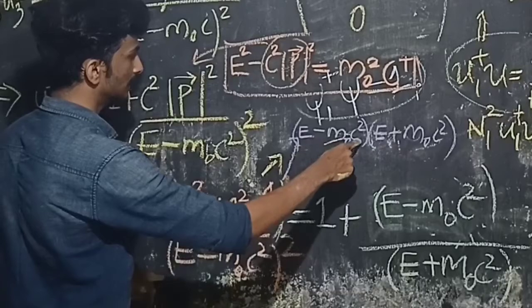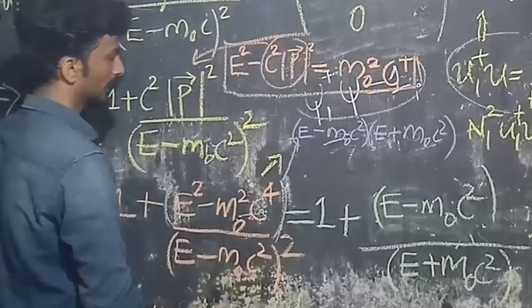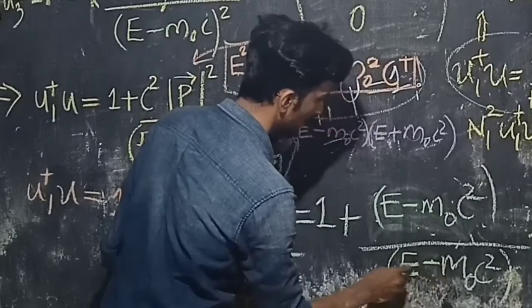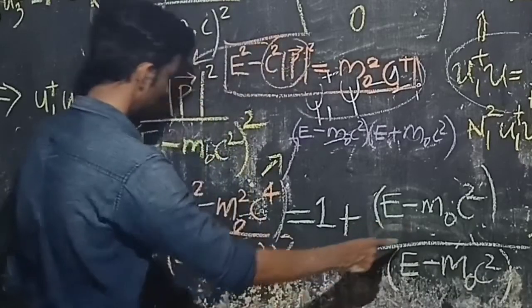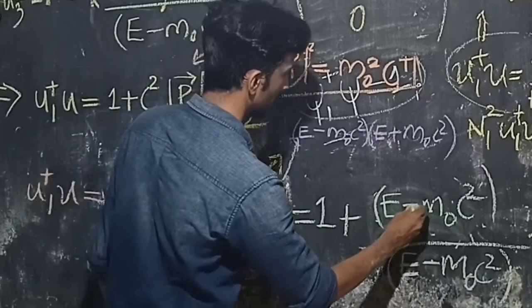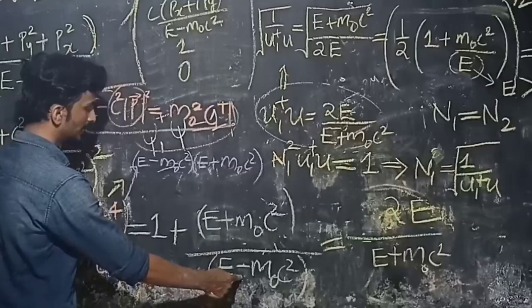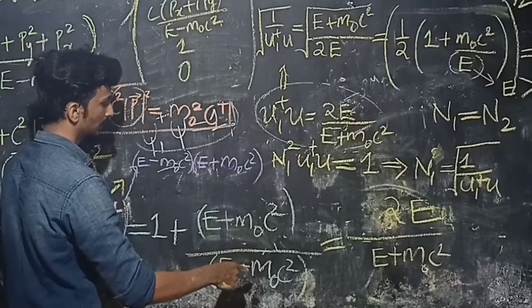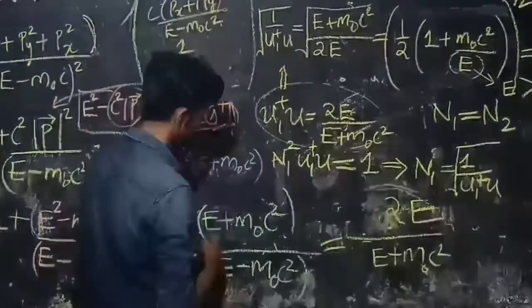So E minus m naught c square from the numerator cancels with the E minus m naught c square from the denominator. That gives E minus m naught c square. In the numerator we get E plus m naught c square. On taking this denominator to the numerator, m naught c square cancels with minus m naught c square and adds both E's.